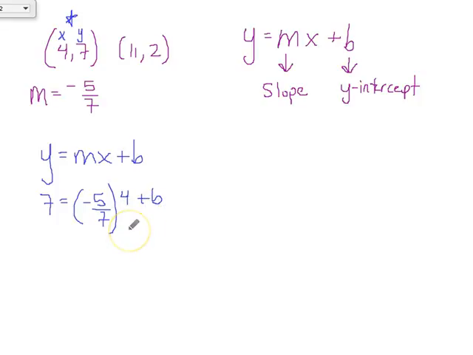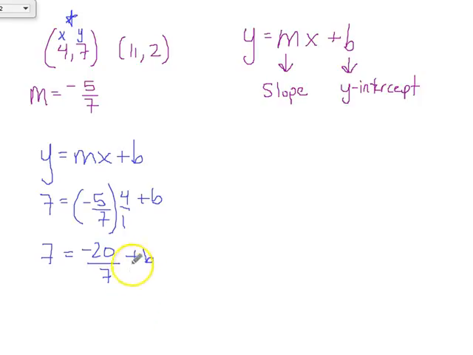So we have one variable that we can solve for. Let's clean up this equation. Let's take -5/7 times 4 over 1. Remember, to multiply fractions, you just go straight across the numerators. -5 times 4 is -20 over 7, plus b.